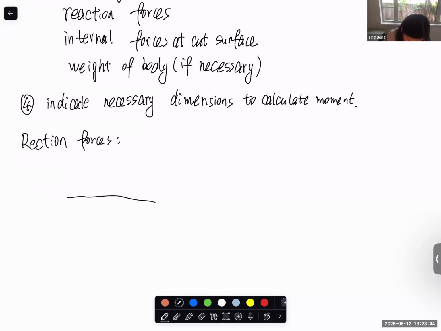For example, if we have a structure, what kind of reaction force will it provide?